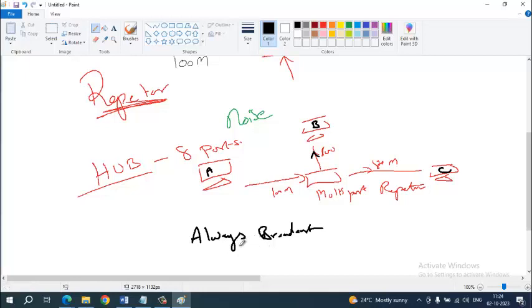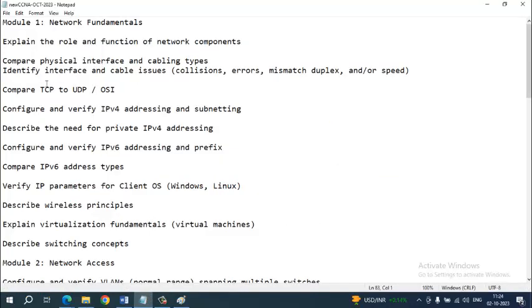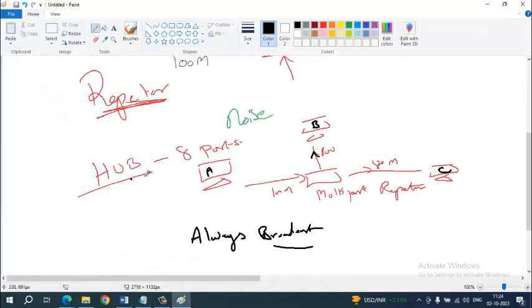So why is it always broadcasting? For that, we need to understand another topic from the list: collisions. I'm going to talk about this for some time, to understand why a hub always broadcasts and why a hub has only 8 ports.